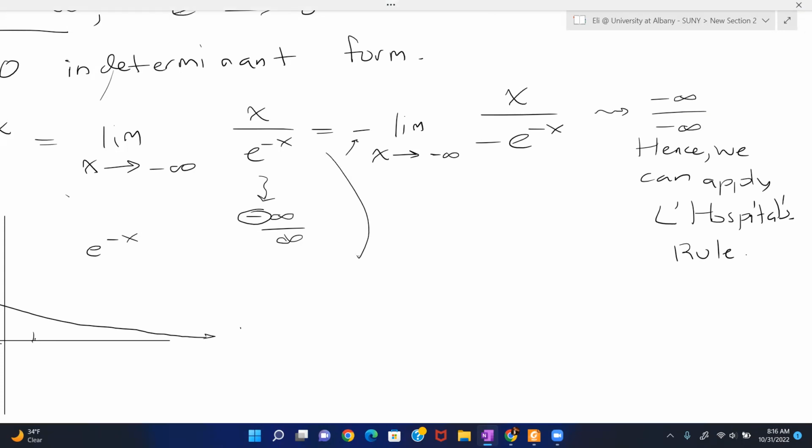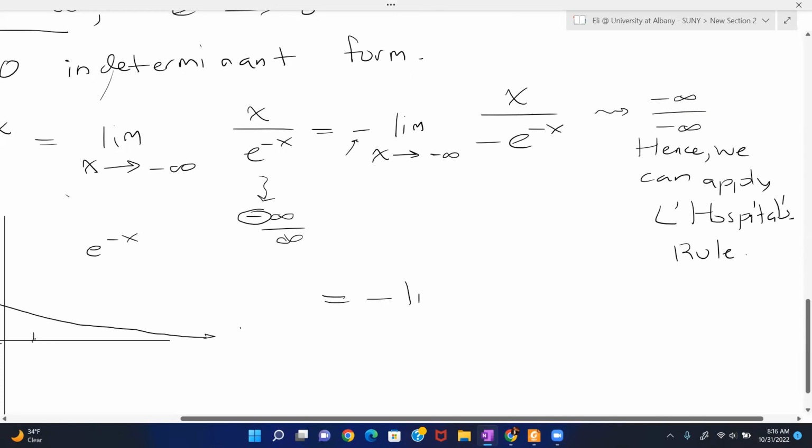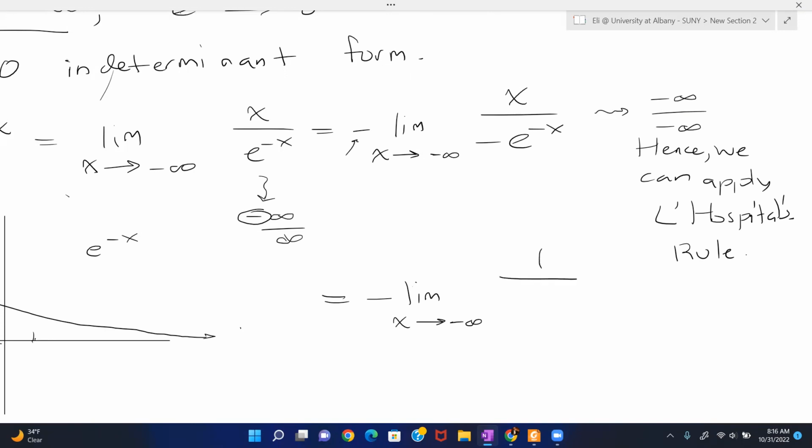L'Hopital's rule says that you just differentiate the numerator and the denominator, and then you can compute the limit, and then possibly apply L'Hopital's rule again. In this case, we don't, because the derivative of the numerator is going to be 1, and the derivative of the denominator is going to be, so this is chain rule, our outside function is e to the x, so the derivative of that is just e to the x, evaluated at the inside function, which is negative x, and then times the derivative of the inside function, which is negative 1.